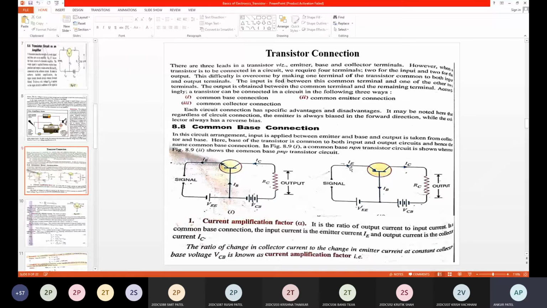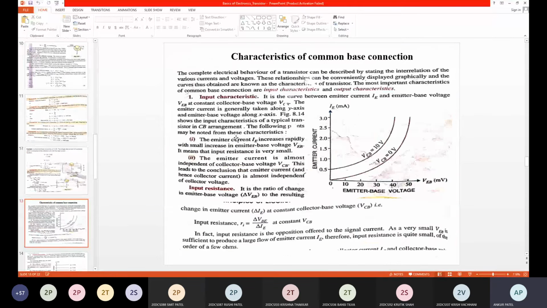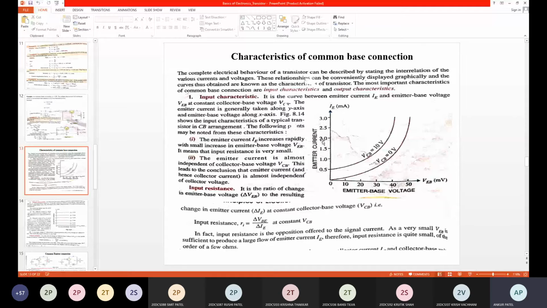Then we'll see the input and output characteristics, and we'll do some examples of this configuration. For these characteristics, by varying the input and output parameters, accordingly we'll get voltage versus current for the input and the same voltage versus current on the output side.